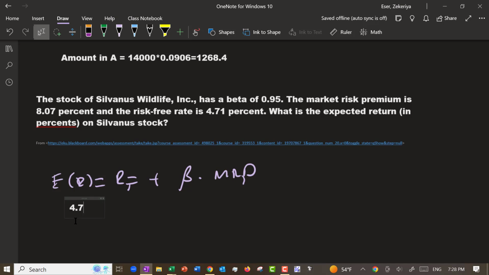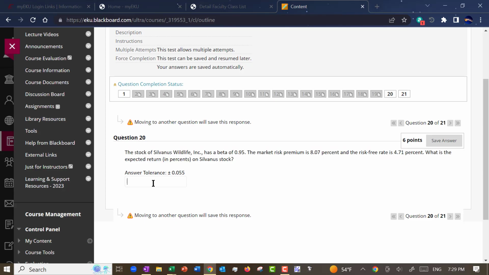Risk-free rate is 471. Beta is 0.95. Market risk premium is 807. It's that simple. 1238 roughly.